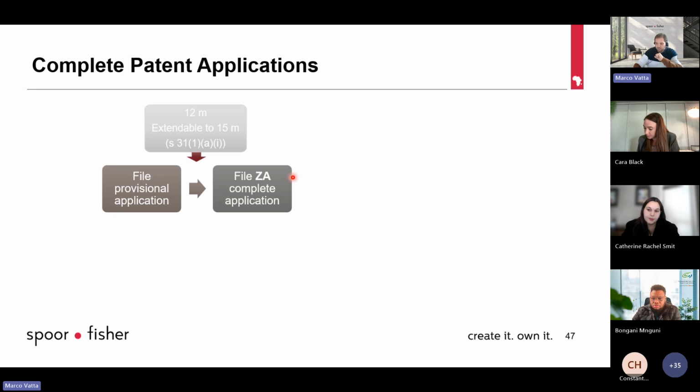The provisional must have been filed in South Africa, and the complete is based on the South African priority application. Only in that instance can an applicant rely on this provision where there is a 3-month extension allowed upon request to the registrar. So if a provisional application was first filed in America or any other country, then you cannot rely on this extension.